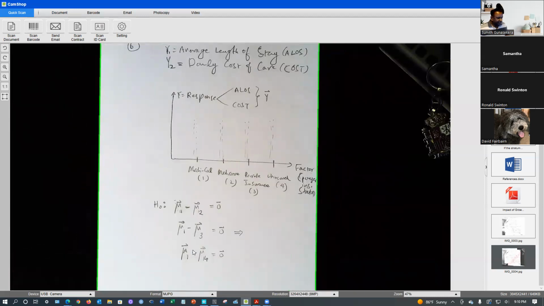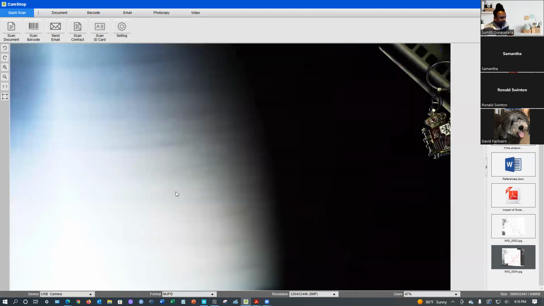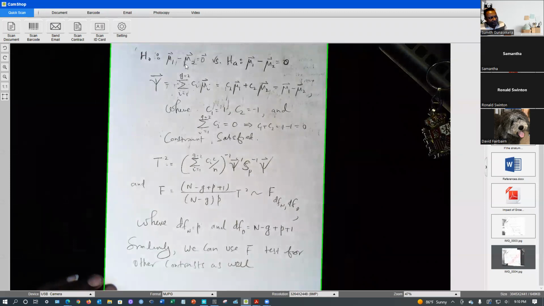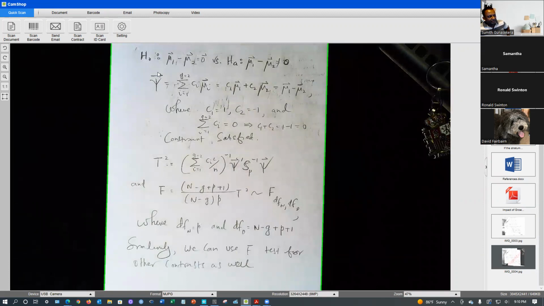Let's look at one of these differences. How would I write it with the aid of a contrast? I'm simply writing H0: mu1 minus mu2 equals 0 versus HA: mu1 minus mu2 not equal to 0. I'm going to call this psi, the contrast combination: the sum of Ci mu i, where Ci is a scalar and mu i is a vector.